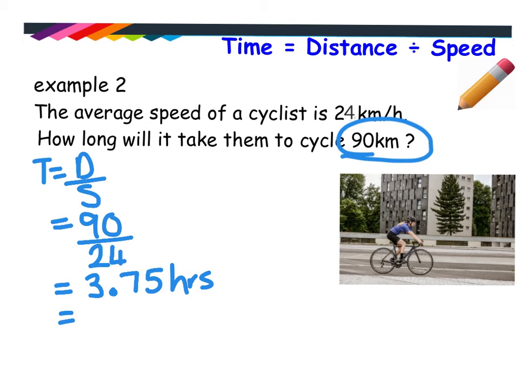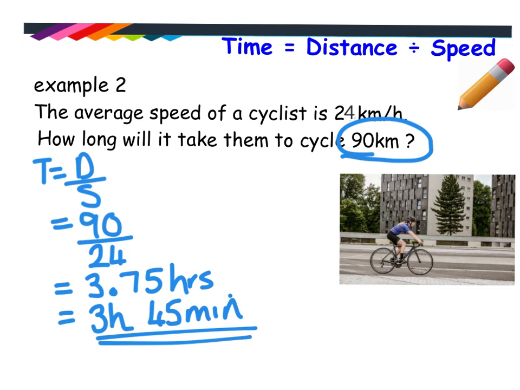But all my answers we want to convert into hours and minutes. So 3.75 is 3 full hours, and 0.75 is 3 quarters. So that is 3 hours 45 minutes. What you do not do is say that that's 3 hours 75, which becomes 4 hours 15. That's the silliest mistake we see, so be very, very careful with these decimals at the end.